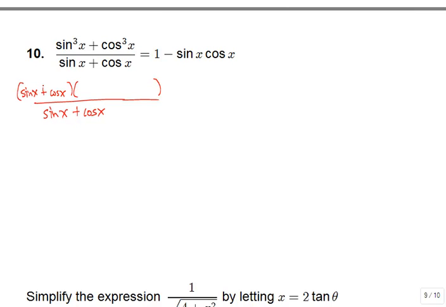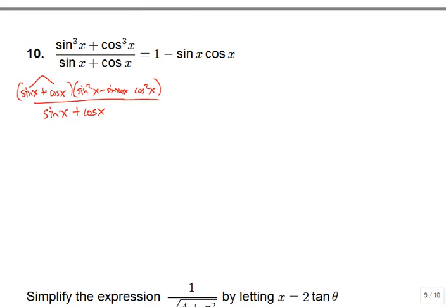You use the same sign that you had up here in the original problem. Once you know these 2 terms, then this second factor is the sine x squared. That's the first. On the end is this cosine squared, and in the middle it's these 2 multiplied together, so sine x cosine x, but with the opposite sign of what you have here.